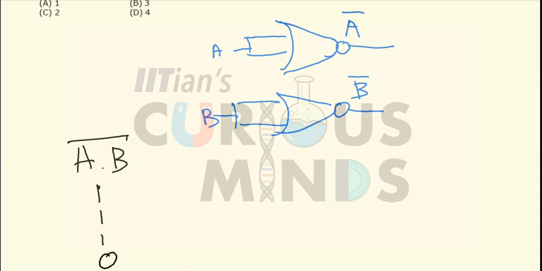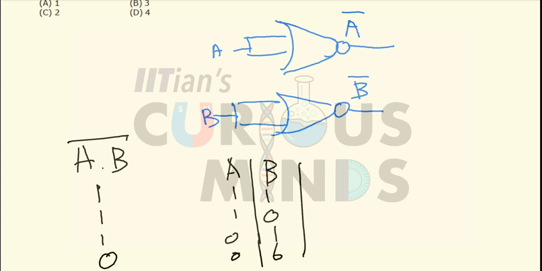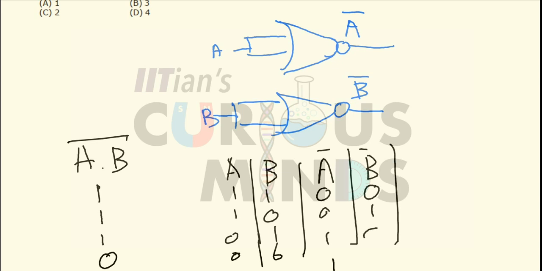Now let us see, the input A is 1 1 0 0, B is 1 0 1 0. So A complement will be equal to 0 0 1 1 and B complement will be equal to 0 1 0 1.